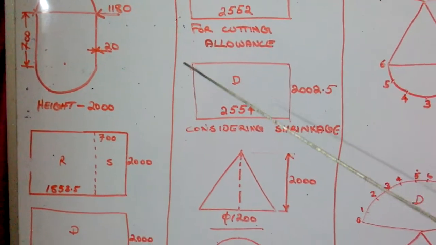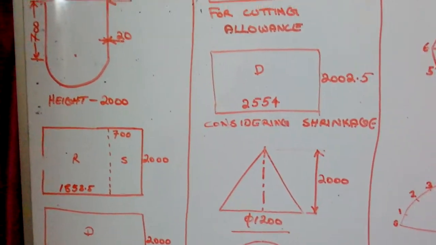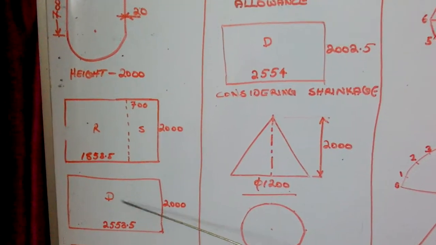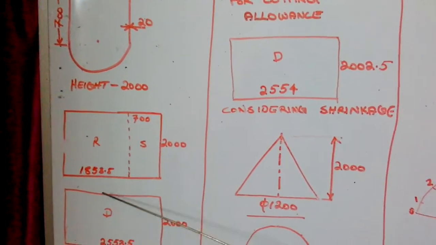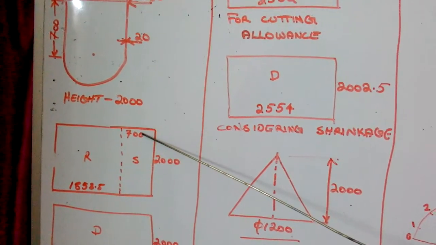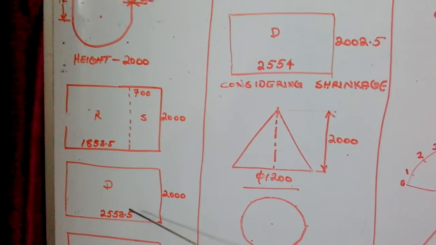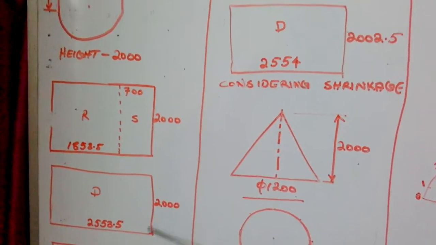Before telling about that, I would like to say one more thing. This development and this development are the same, but what is the difference? This is 1853.5 plus 700. How much is it? That measurement I have written here: 2553.5, and its height is 2000.